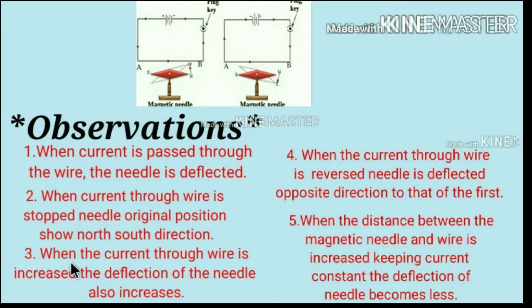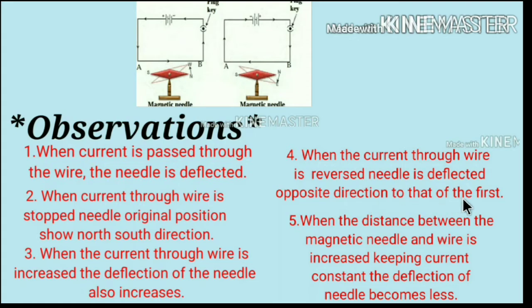Third, when current through the wire is increased, the deflection of the needle also increases. When we increase the current, the magnetic effect of AB increases, and hence the deflection of the magnetic needle also increases. In the fourth observation, when the current through the wire is reversed, the needle is deflected in the direction opposite to that of the first.